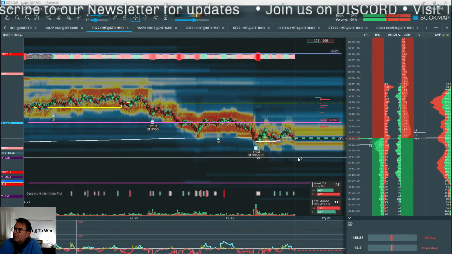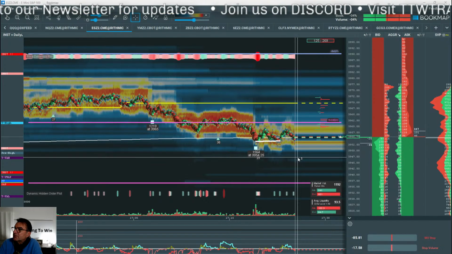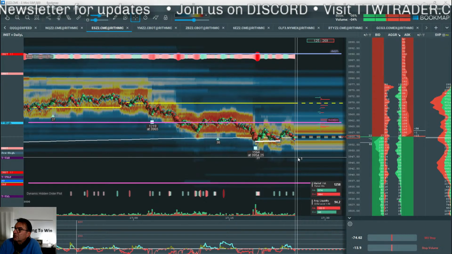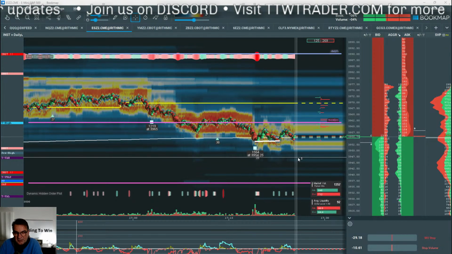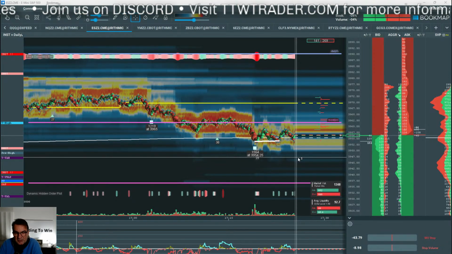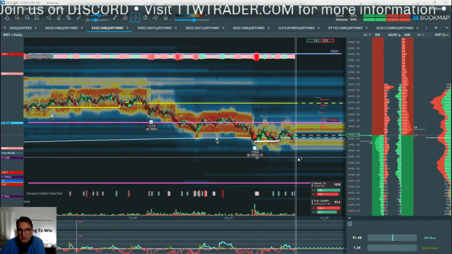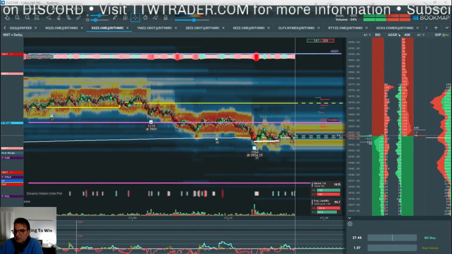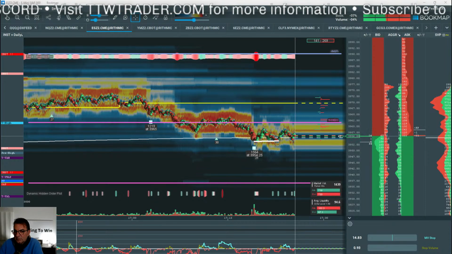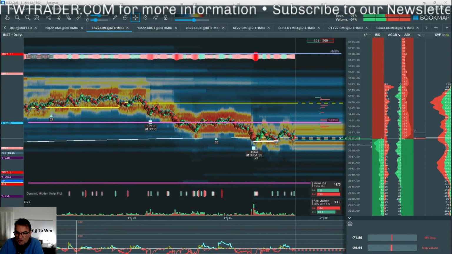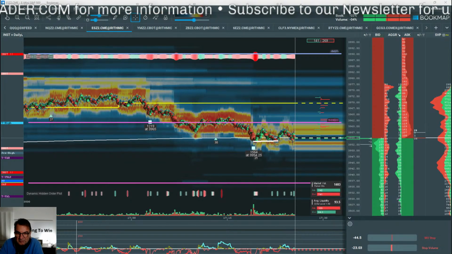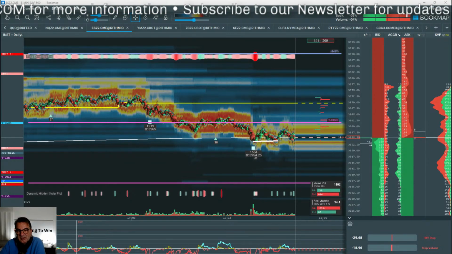Anthony is asking, for example, whether a 10 lot in the S can be considered a hidden order and then put on the hidden order plot. If the 10 lots is an iceberg, that means someone wants to hide his intention, that he has got his long 10 contracts or 10 lots in this case.